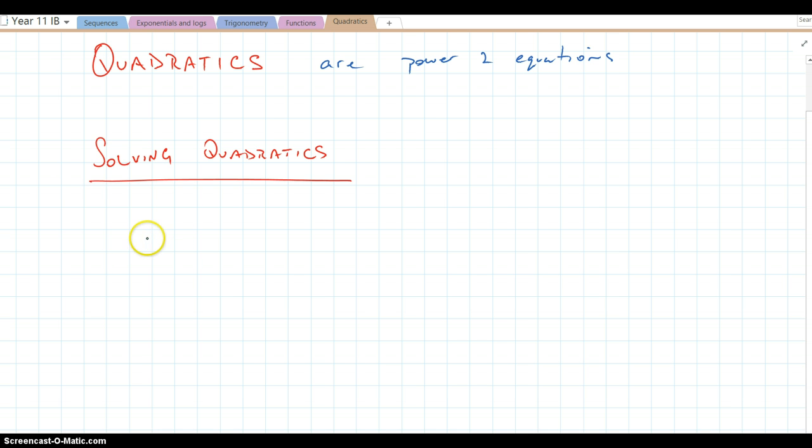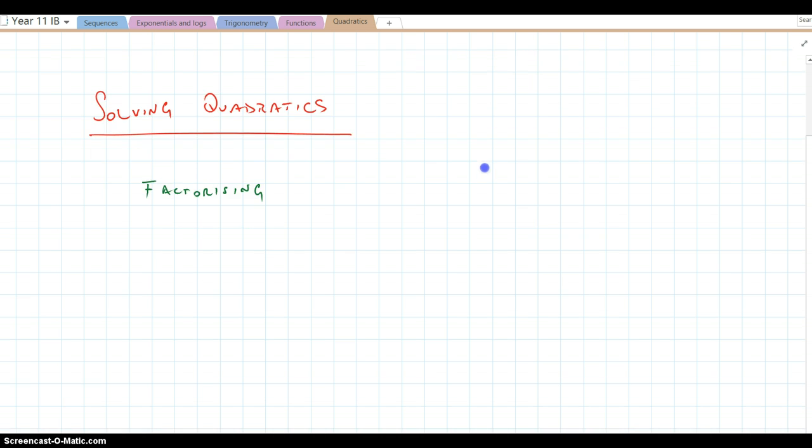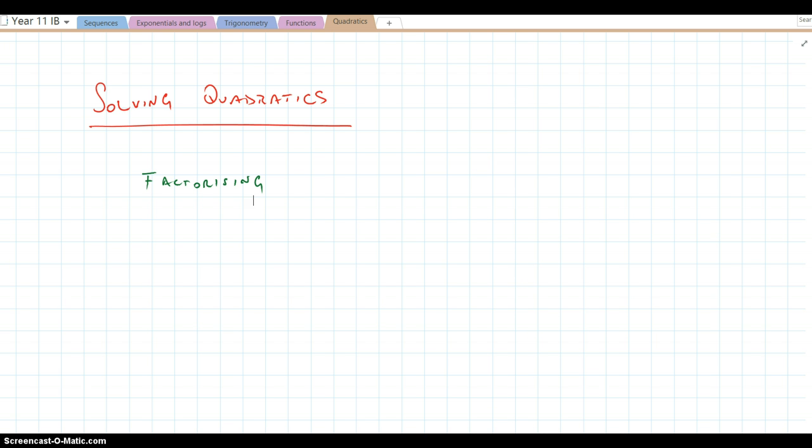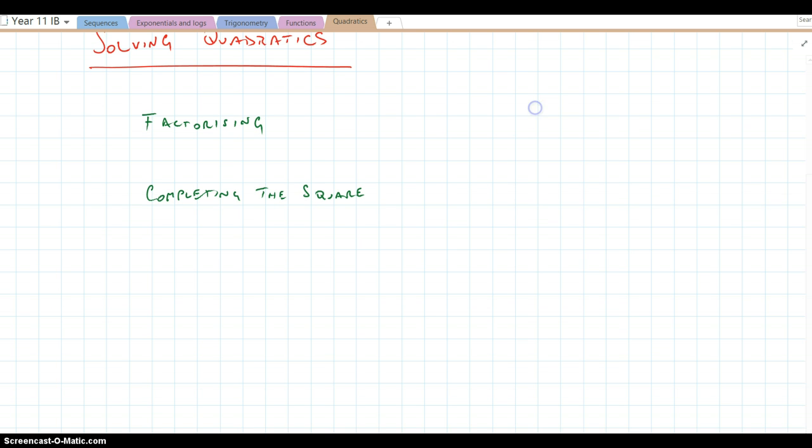Okay, so there's three main methods. We can look at solving quadratics by factorising. So how are your factorising skills? It's going to be really important. By completing the square, and by using the quadratic formula.